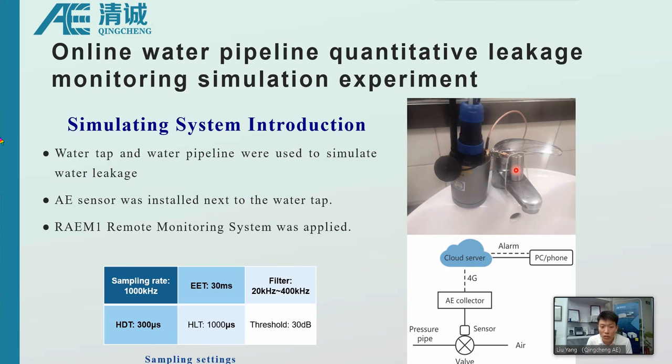It was installed next to the water tap, and we used the processor named RAEM1 to do the processing job. And this small table is the sampling setting. The threshold is 30 dB.